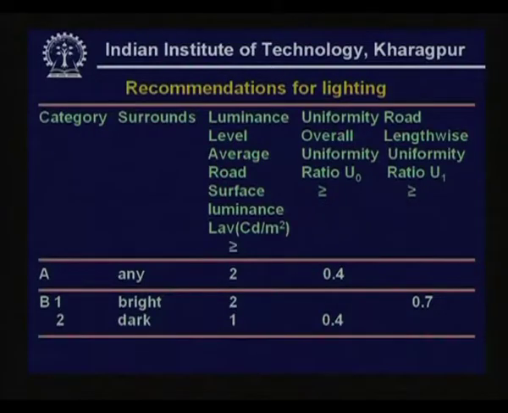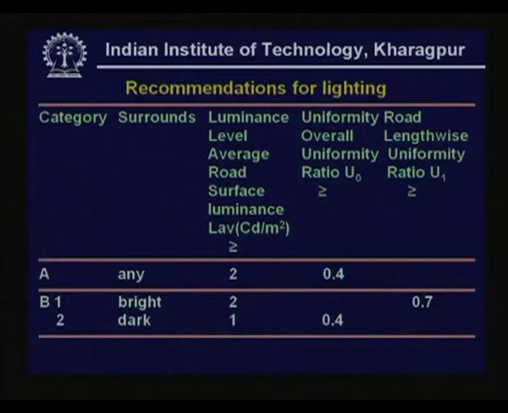It is recommended to be around 2 cd per meter square, and the uniformity ratio, I told you, can never be below 0.4, it is kept around 0.4, and U1 remains around 0.7. As opposed to this, when we move to category B, there are two rows, one corresponding to bright surroundings, the other to dark surroundings.